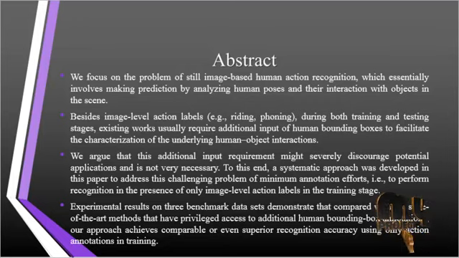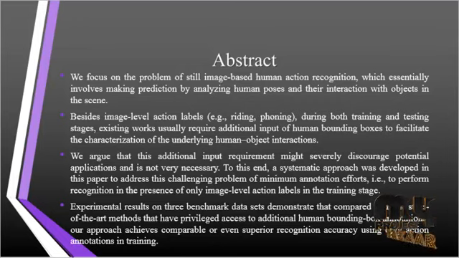To this end, a systematic approach was developed in this paper to address this challenging problem of minimum annotation effort, that is, to perform the recognition in the presence of only image level action labels in the training stage.